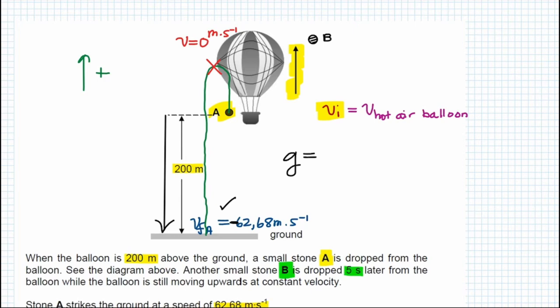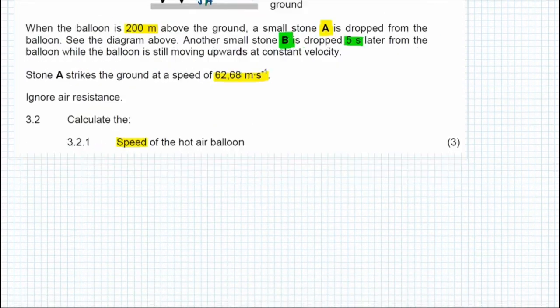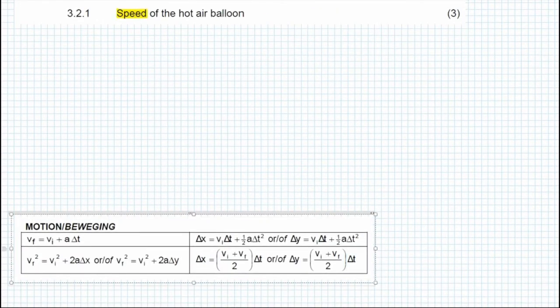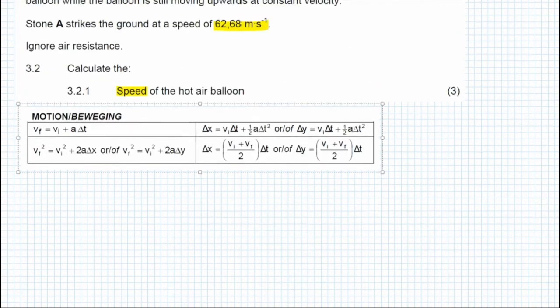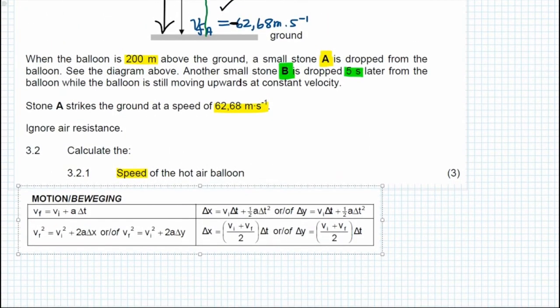Since up is positive, we know g, or a, is going to equal negative 9,8 meters per second squared. When you write down all of these values, remember to include the directions so that you don't forget to substitute direction into your formulae. So now we go to a formula. We go to our equations of motion, which we're going to find on our formula sheets.